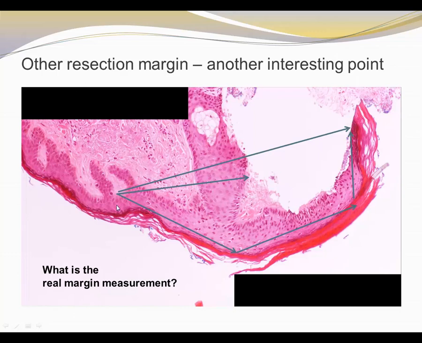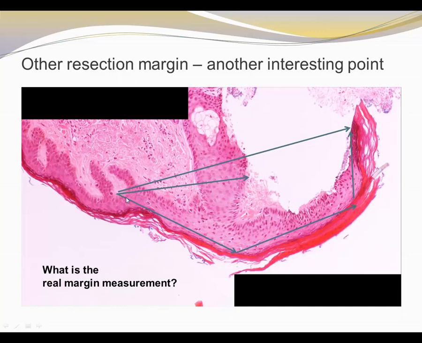The other issue really, and this is not particular to melanocytic lesions, is how does one measure the margin, and what is the measurement? So you can see these 2 or 3 different ways of measuring margin. You can, for example, if this was the end of the melanoma here, that could be your measurement to the margin, because that's the margin of the epidermis. This could be the measurement of the margin, because this is a margin of the dermis.